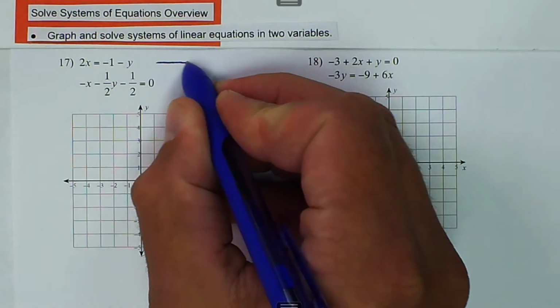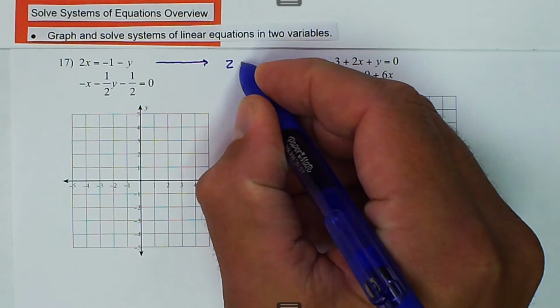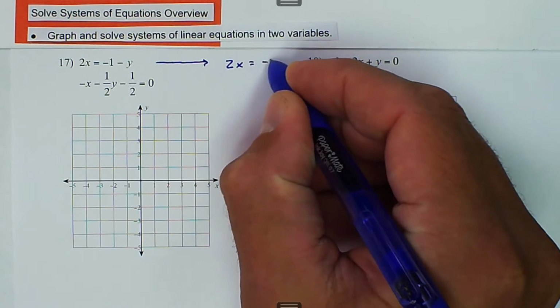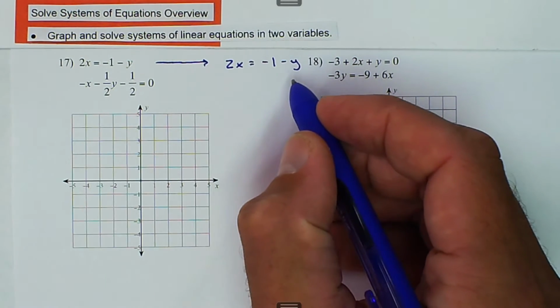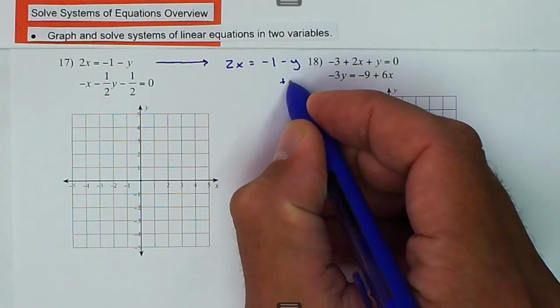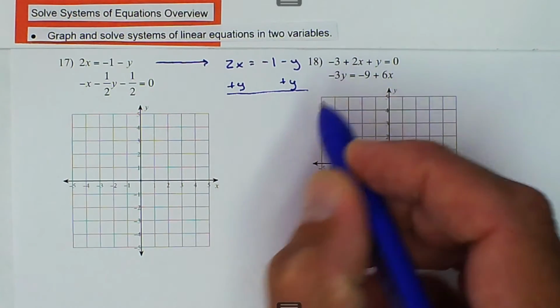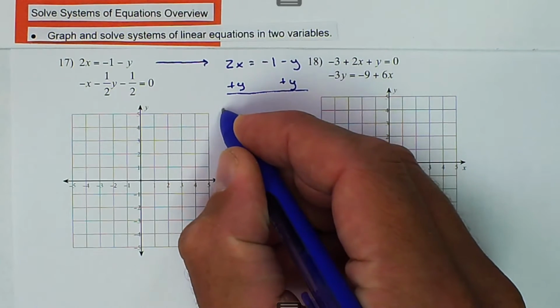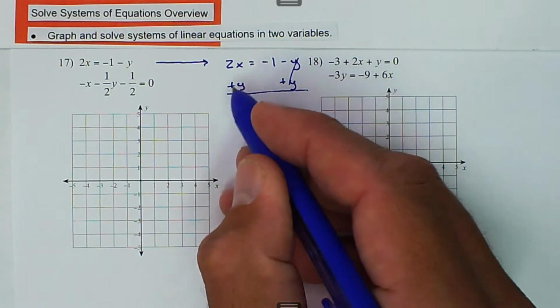So the first thing I'm going to do is solve each equation to get it in y equals mx plus b. So 2x is equal to -1 minus y. And so what I can do is I can add y to both sides, because I just like y being on the left. These are not like terms, so I cannot add them together.